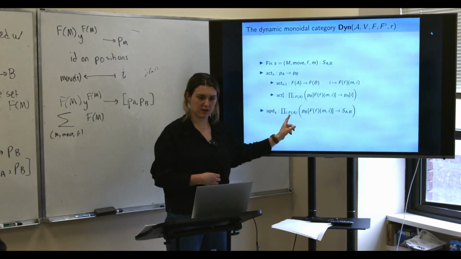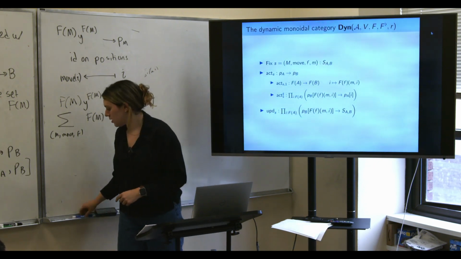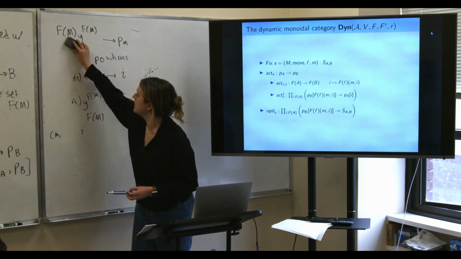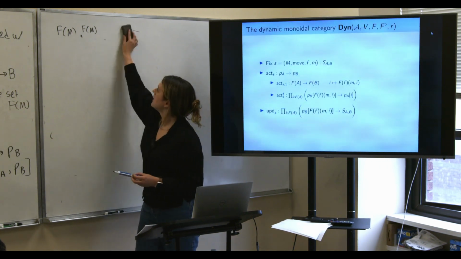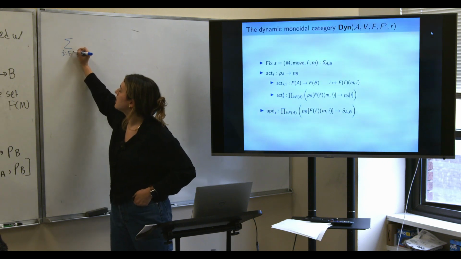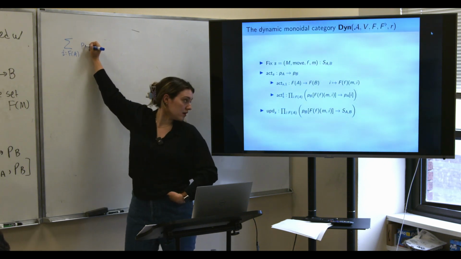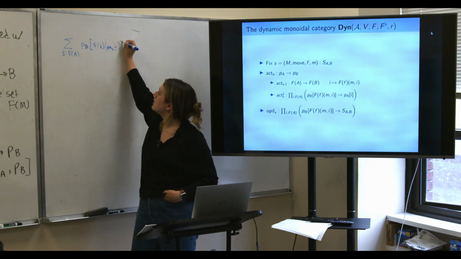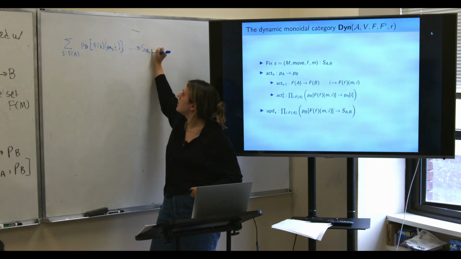I think this is a typo. This should be a capital sigma, because we're going to want the update to be a map from the sum over i in f(a) of PB f(m_i) to S_AB.